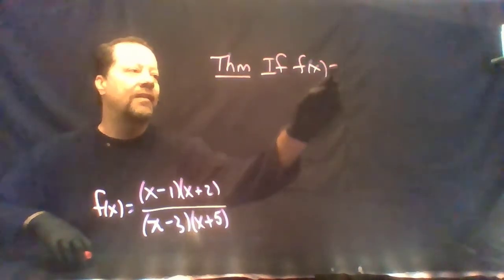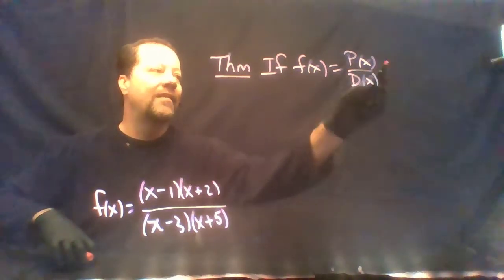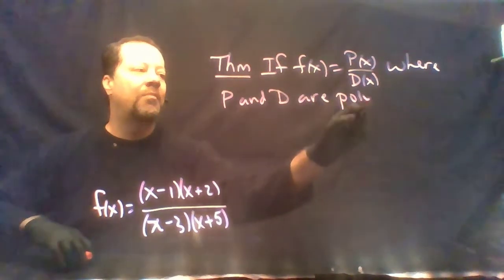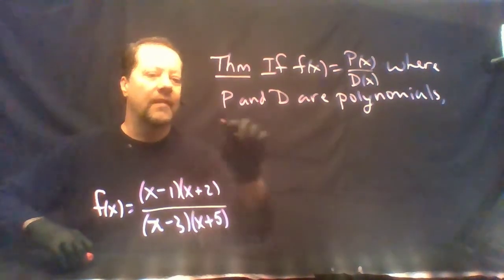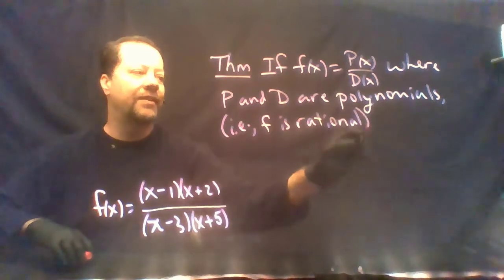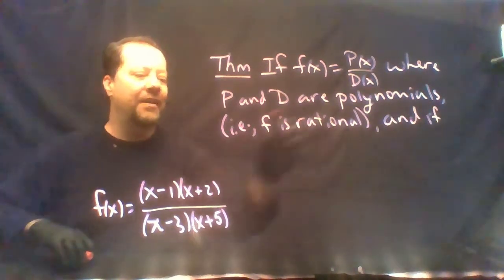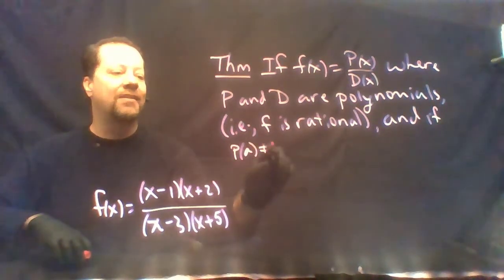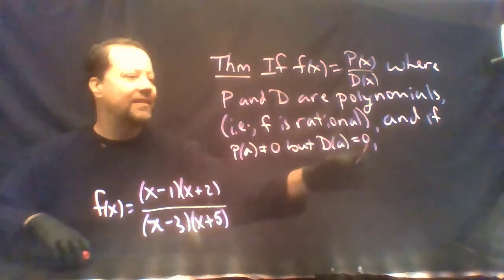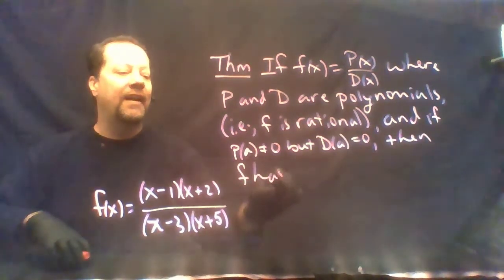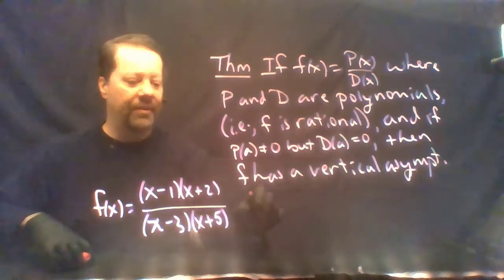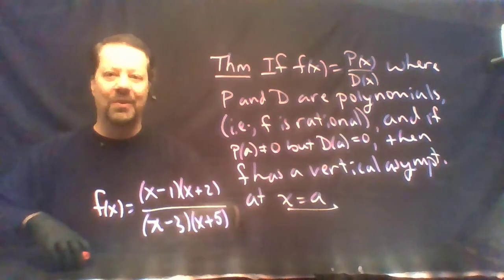If f of x equals p of x over d of x, where p and d are polynomials, i.e. f is rational, it's a rational function, and if p of a is not 0, but d of a equals 0, so a is a root of the denominator, then f has a vertical asymptote at x equals a.